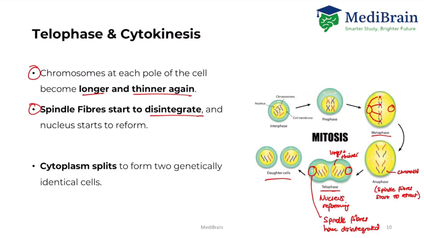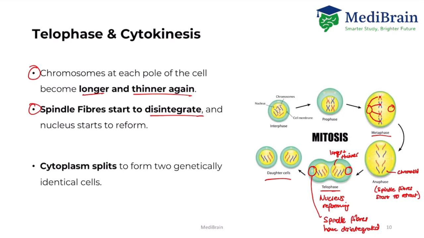They will just attach to the centromere of the chromosome. In anaphase, the centrioles will start to retract the spindle fibers. Okay, so they will start to pull the spindle fibers in. And the spindle fibers are attached to the middle of the chromosome. So what they will do is pull each individual chromatid towards opposite ends.